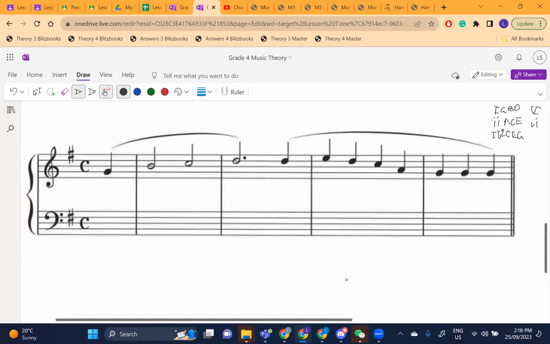Essentially, when you have two phrases as indicated by the slurs, these aren't really slurs technically, they're phrasing markings. The hint is that phrasing tells you where the cadences are.